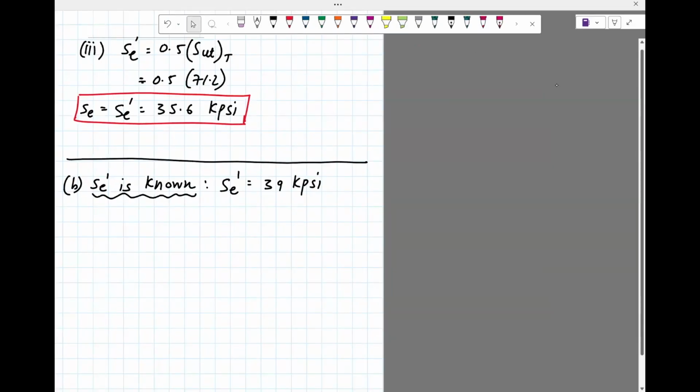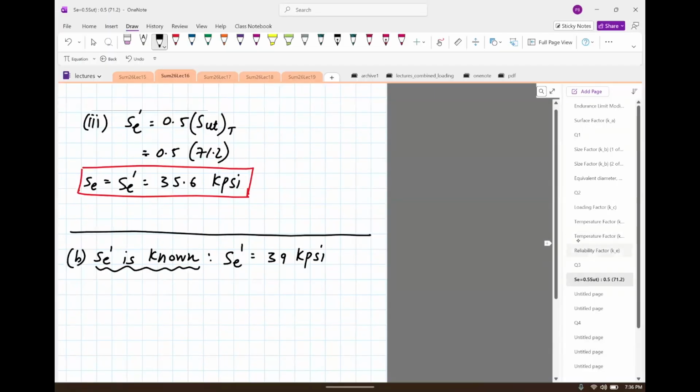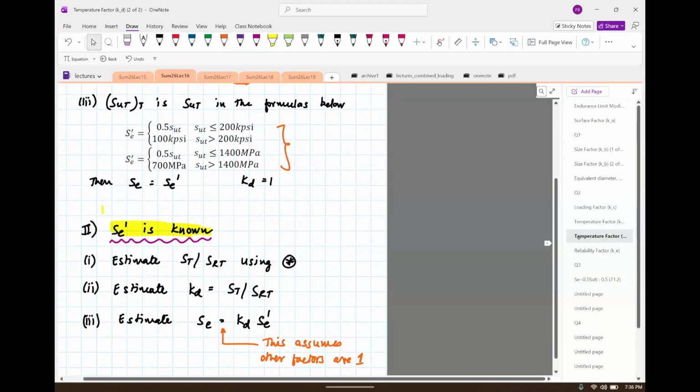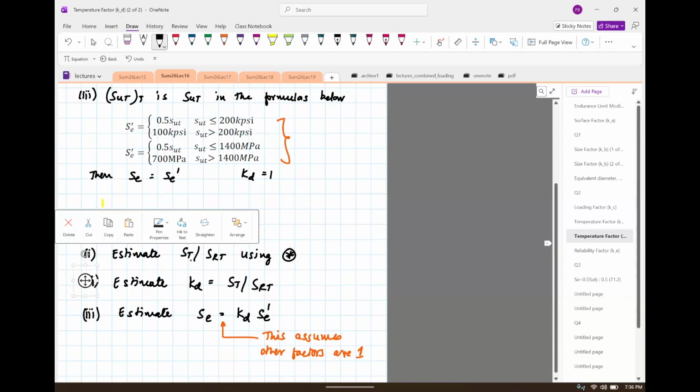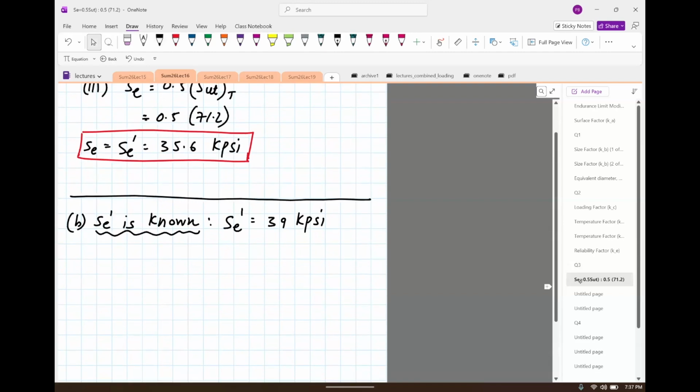Okay, so let's go ahead and use that recipe for computing when SE prime is known. First, you estimate this ratio. We know it's 0.89. Then KD is just ST divided by SRT. We know KD because we know the first part. And then the third one, we just use this formula. So we have part one, ST divided by SRT equals 0.89.